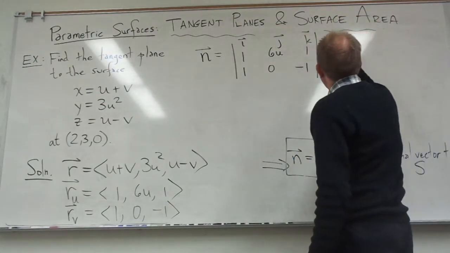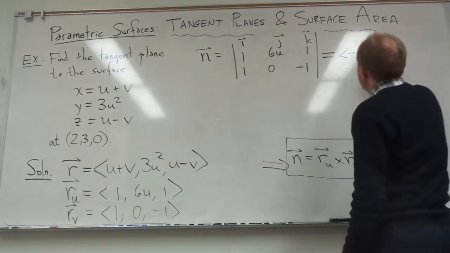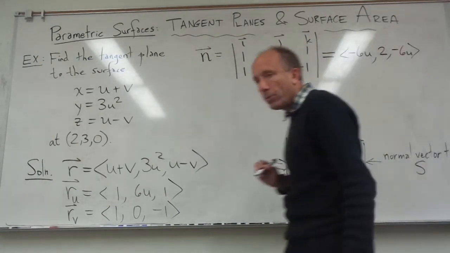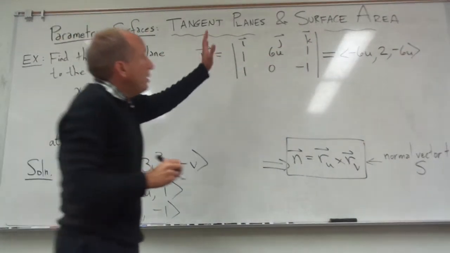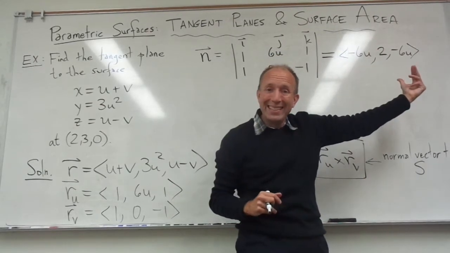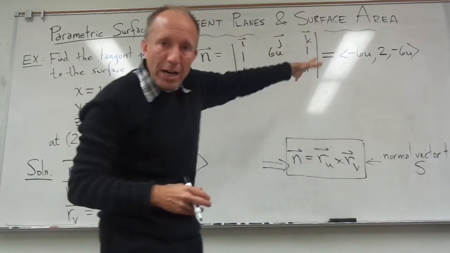I calculate my cross product and I get negative 6u, 2, and negative 6u. This vector needs to be specific, though. I shouldn't have u and v in this expression.